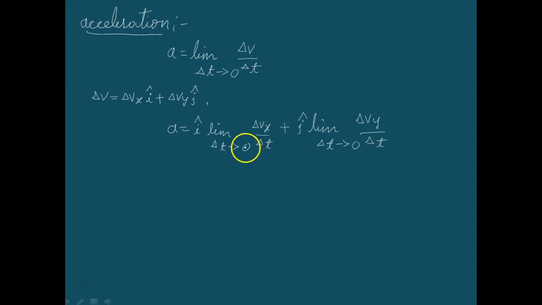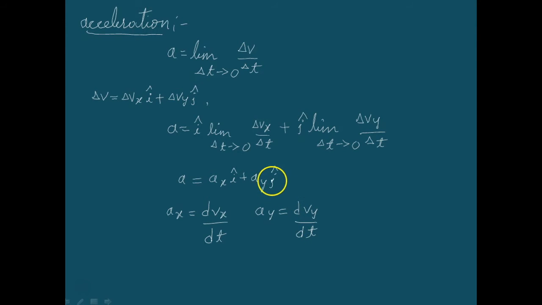In other words, we can write A is equal to Ax into I cap plus Ay into J cap, where Ax is nothing but dVx by dt and Ay is dVy by dt.